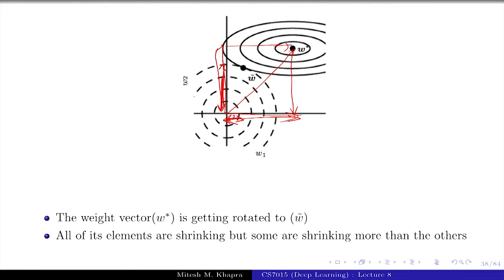Are both of them equally smaller? No. They have been scaled differently. One weight has been scaled down more, the other lesser. That's exactly what the math was telling us, that they get scaled in proportion to lambda 1 by lambda 1 plus alpha, and that's exactly what we see in the figure. How many of you get this interpretation now? Okay.